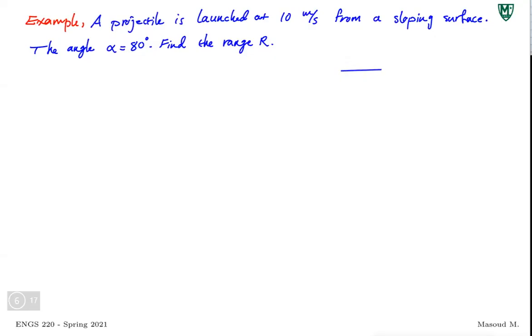We have some angled, tilted surface like this. We have our projectile. Let's say it's launched from here with some initial velocity v naught. And this is angle alpha, that's given in the problem.